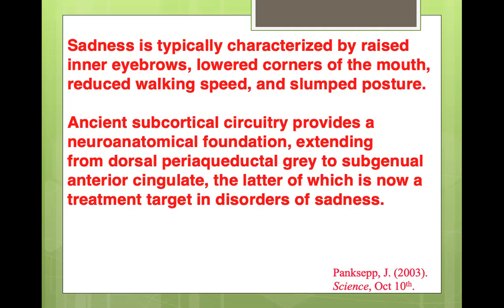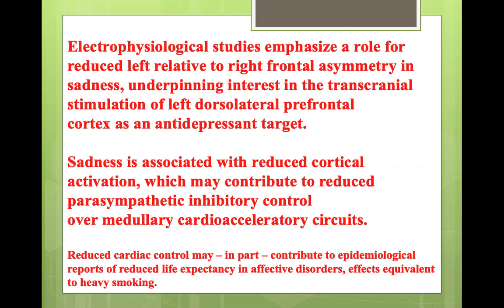What about the sadness system? So sadness, we can recognize it. Raised inner eyebrows, lowered corners of the mouth, reduced walking speed, slumped posture. So this circuitry goes from the dorsal periaqueductal gray matter to the subgenual anterior cingulate cortex, which is now a treatment target in disorders of sadness.